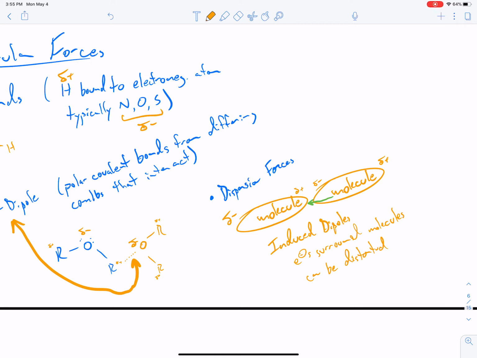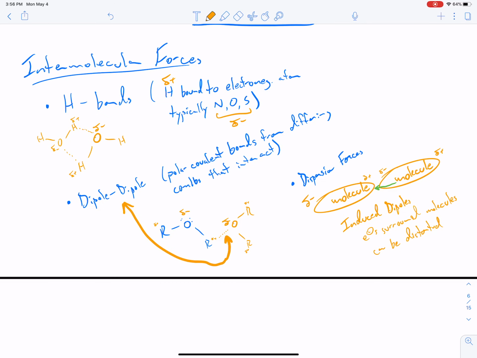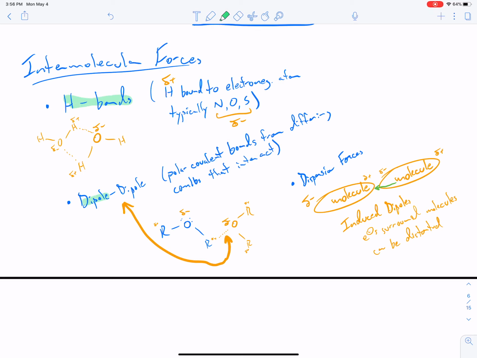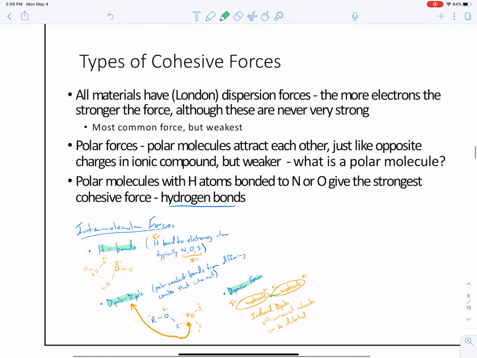If one of these molecules gets within 6 feet of another molecule, the one molecule will try to back up. We polarize the one that is being approached. This is an induced effect, an induced dipole. So these three intermolecular forces that involve hydrogen bonding, dipole-dipole interactions, and dispersion forces really begin to show how molecules interact one with another.